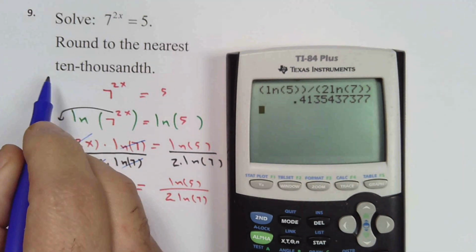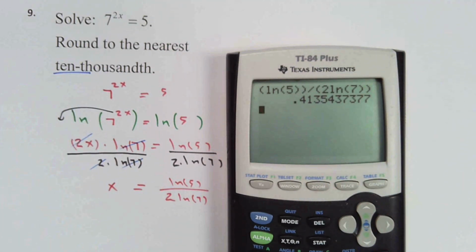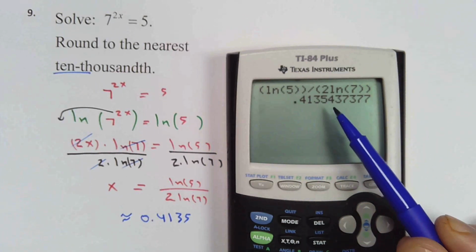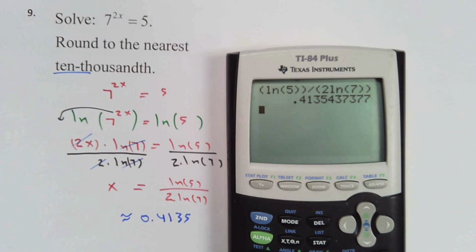We need to round to 10 thousandths, so that is approximately 0.4135. Tenths, hundredths, thousandths, ten thousandths. 4 is less than 5, so we just drop it.